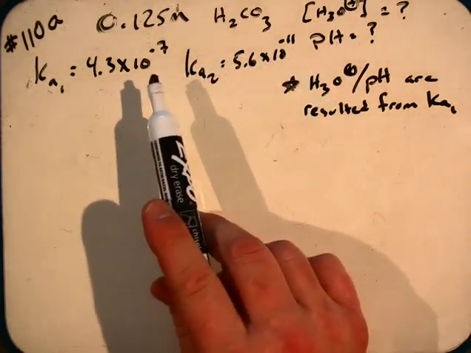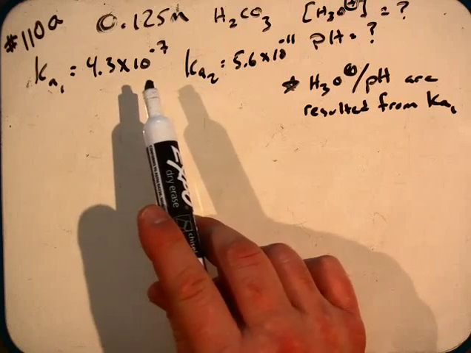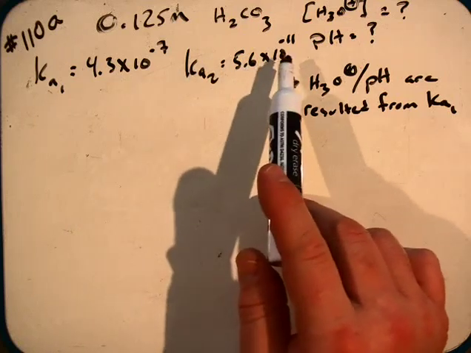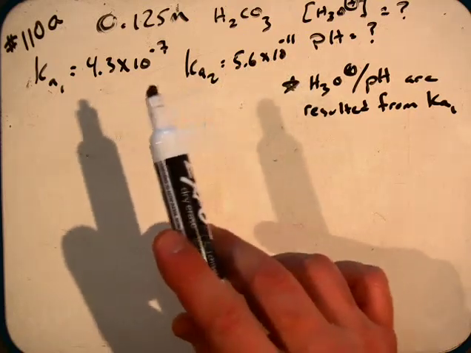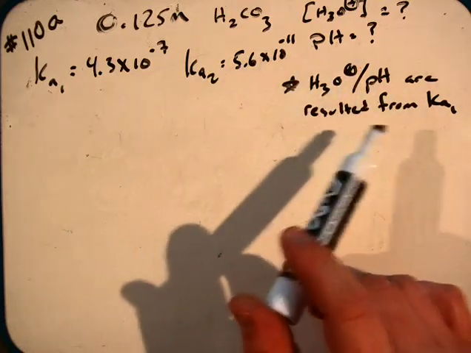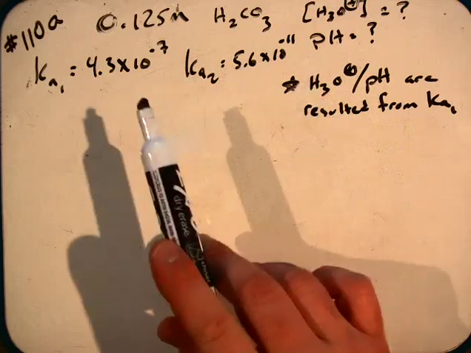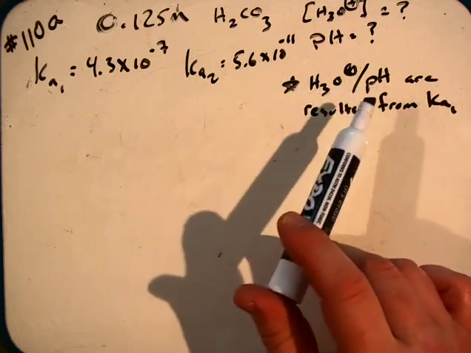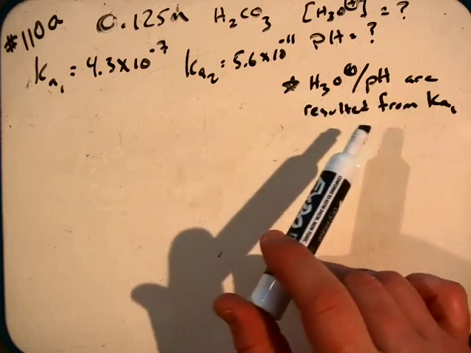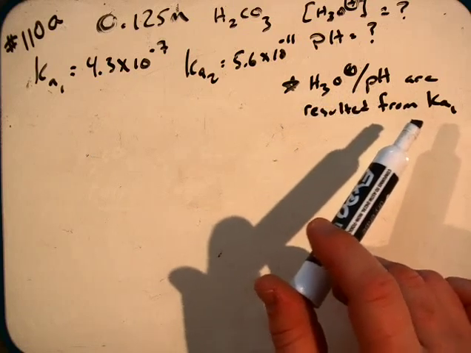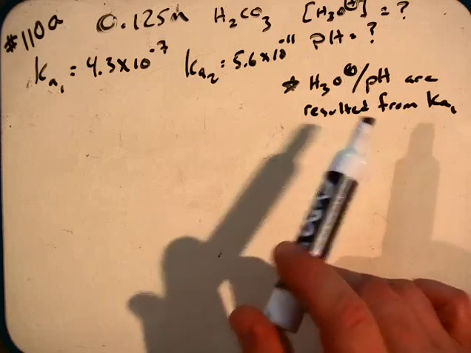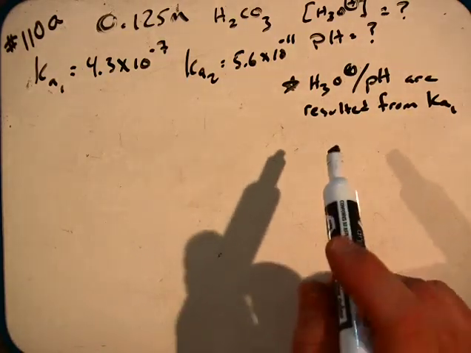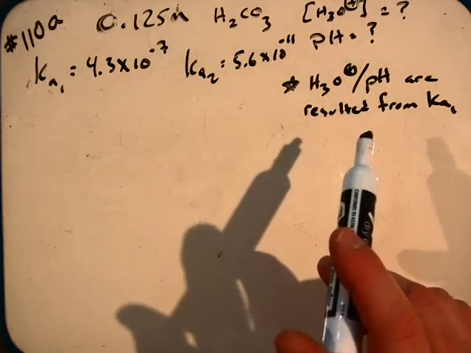We have a Ka1 of 10 to the negative 7th for the first proton. We have 10 to the negative 11 for the second. That is very significant, and so what we'll find is that the H3O plus concentration and pH is solely resulting from that first Ka. So we're actually going to prove that in this question.